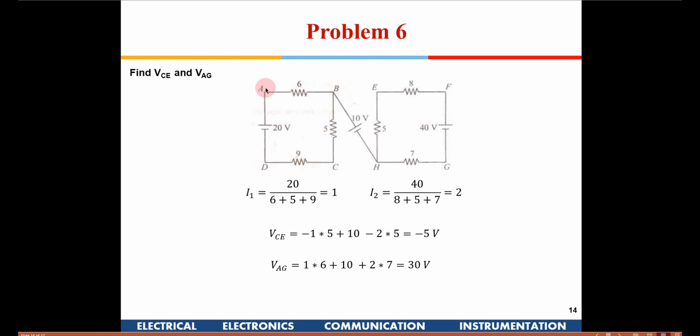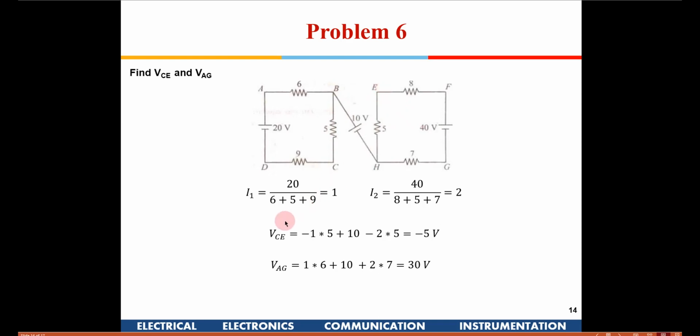No, for E also the current is, see, 40 volts here, the current will be in the counterclockwise direction. See how the 40 volt is placed here. Current will be flowing from E to H, whereas we are moving from C to B to H to E. Oh, okay, sir.